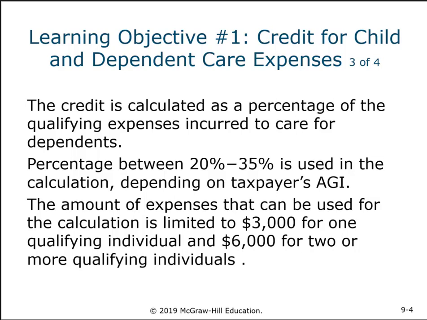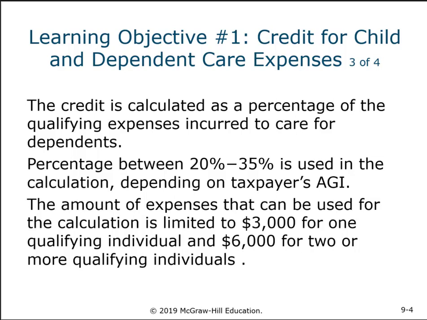It's always a percentage, and that percentage, as given in your textbook, phases out, gets lower as your income goes up. The highest is 35% of the care expenses, and the lowest is 20%. It never goes to zero, though.